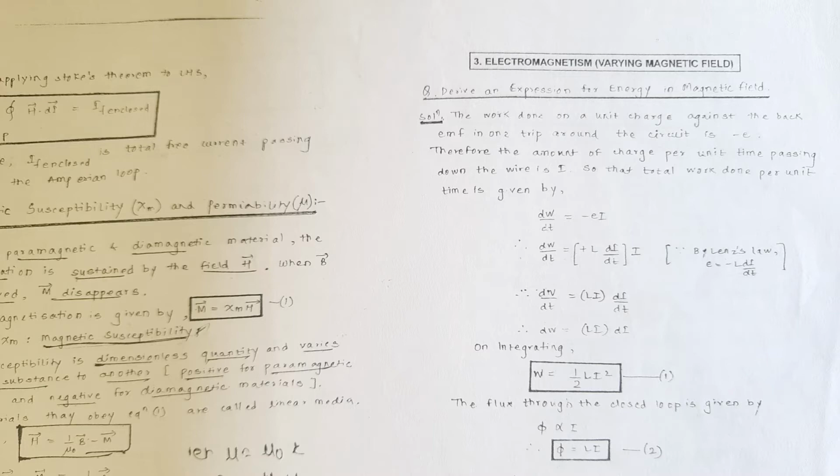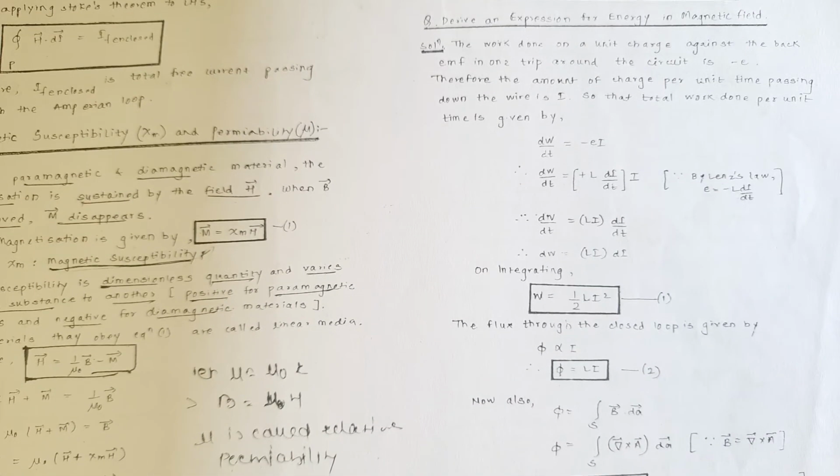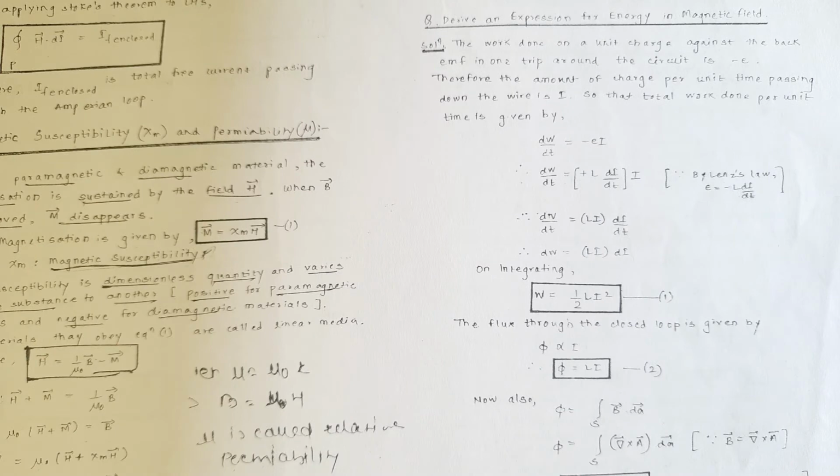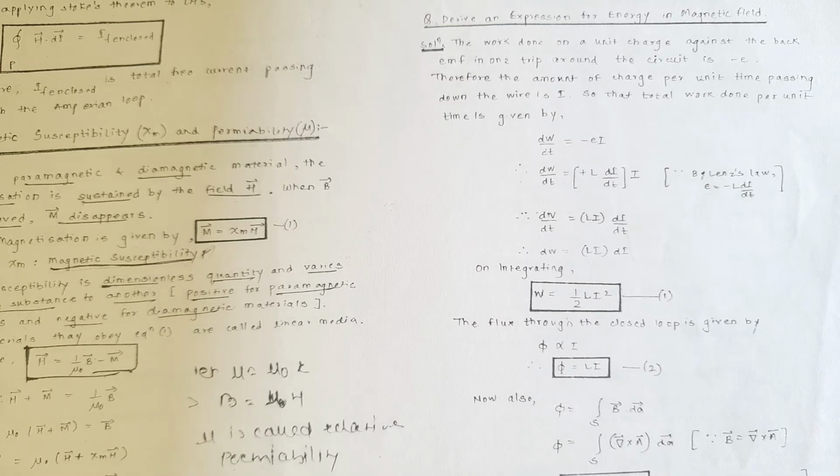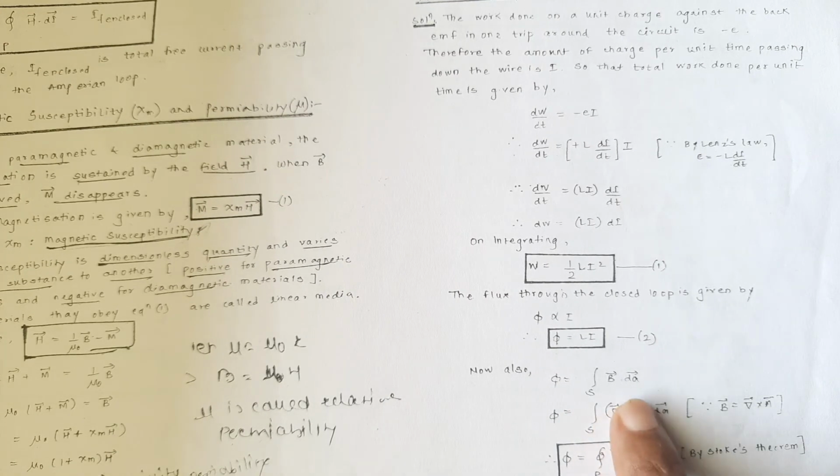Now the flux through the closed loop is directly proportional to the current I. So phi = L I. Also we know that phi is the surface integral of B dot dA.